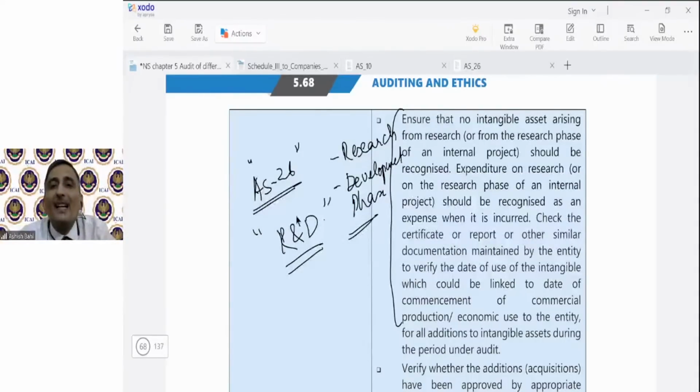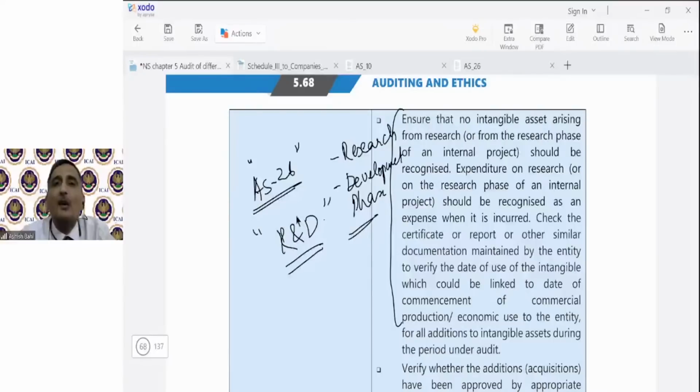This is normally treated as an expense in the period in which it is incurred, whereas when the product has reached a development phase, when it is reasonably probable that future economic benefits are likely and its cost can be measured, then it is recognized as intangible.